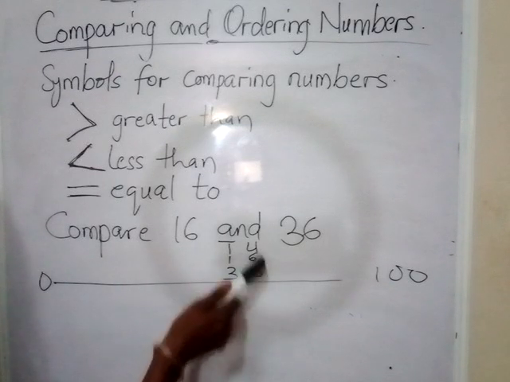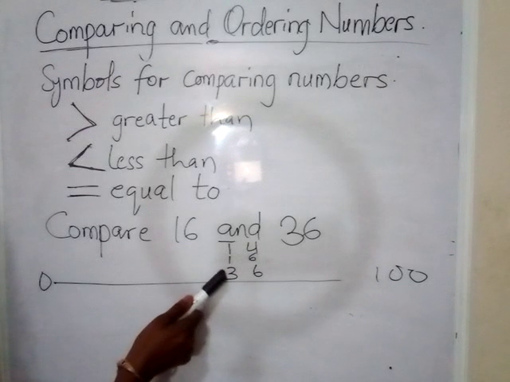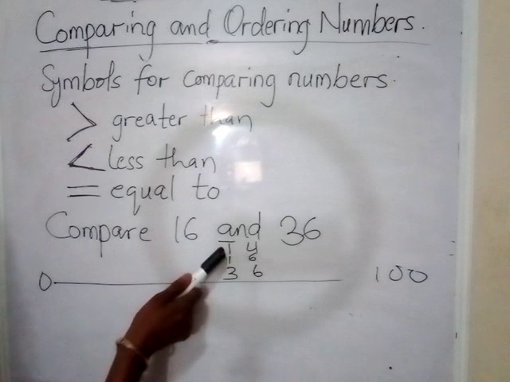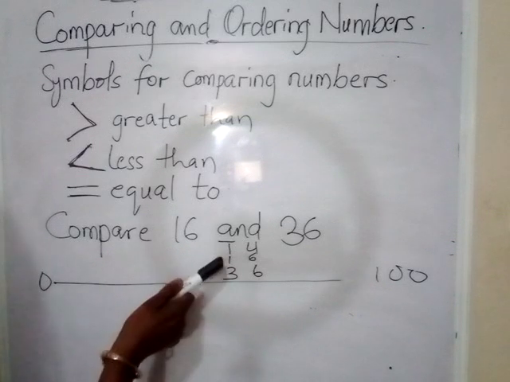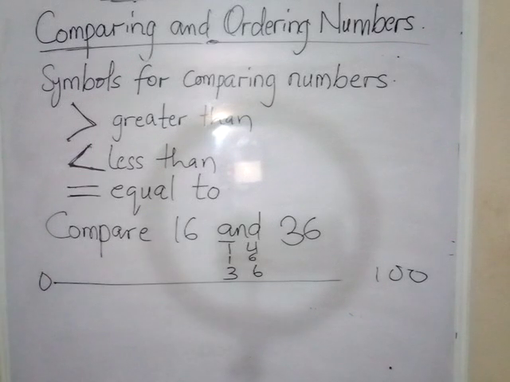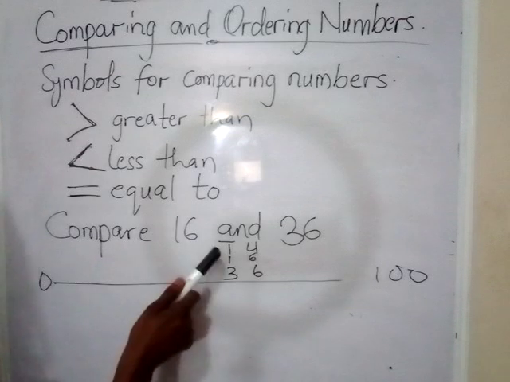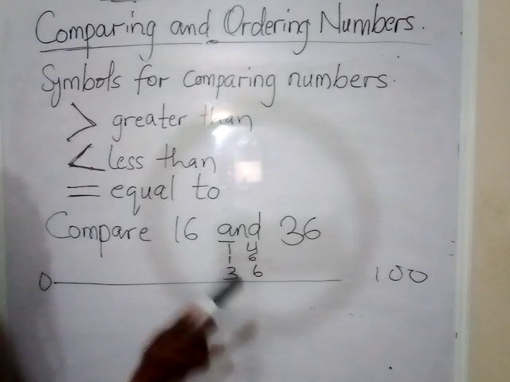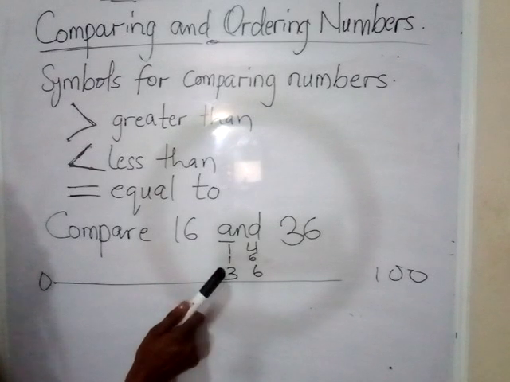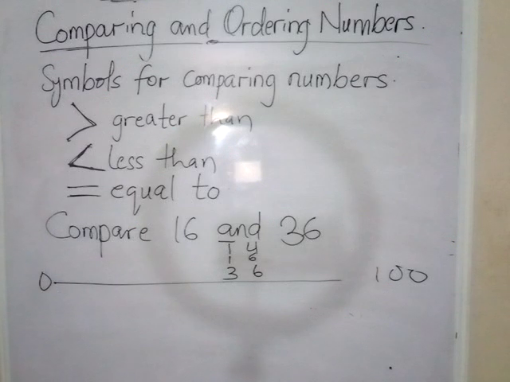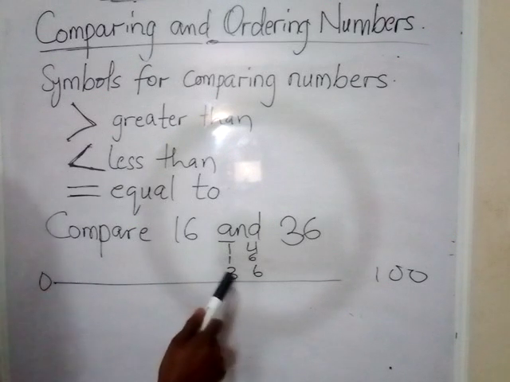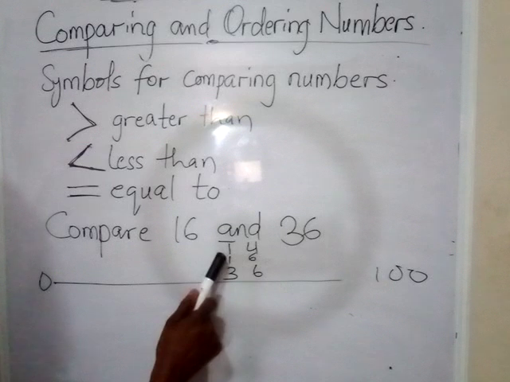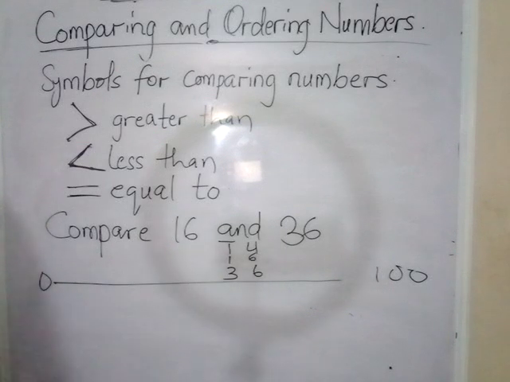None is bigger than the other. But when you come to the tens position, you find out that this second number has 3 in the tens position, whereas the first number has 1 in the tens position. Now this 1 here simply stands for 10, while this 3 stands for 30. So you find that this is 30 and 6, while this first number is 10 and 6.